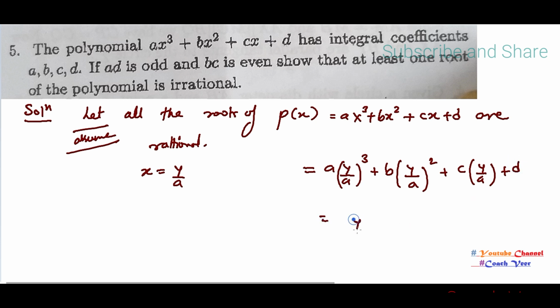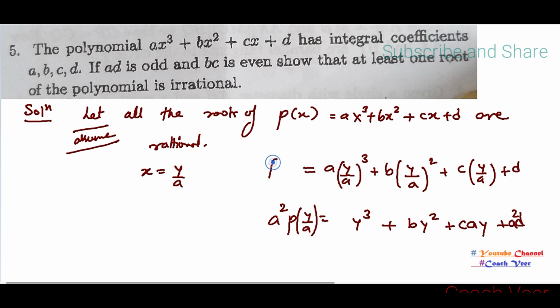Now if you take the LCM, you will get y cube plus b y square plus ac y plus a square d. The a square in the denominator is multiplied on the left hand side, so I just changed it to P(y by a).